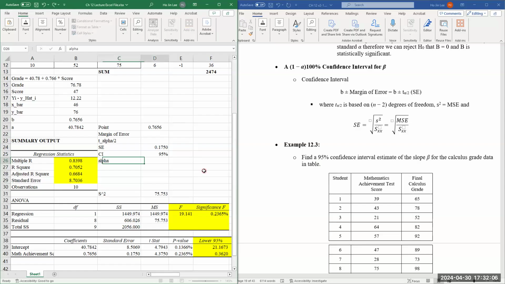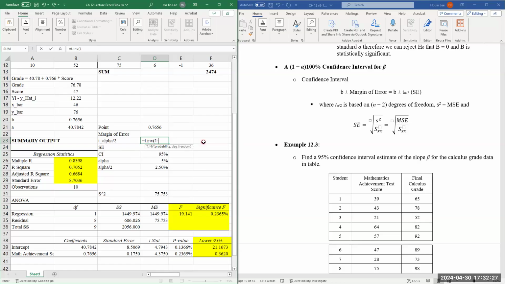So alpha is equal to 1 minus 95%. Half an alpha is equal to alpha divided by 2, which is 2.5%. So for T of half an alpha, we use T.INV.